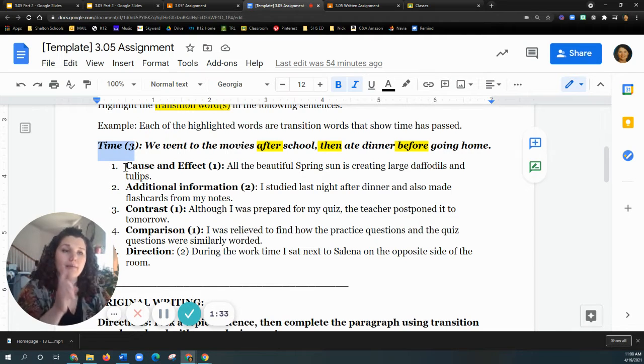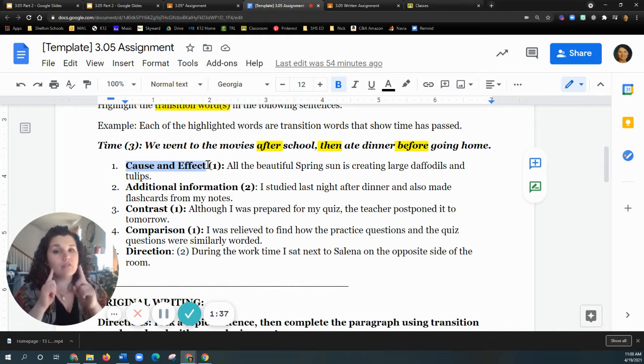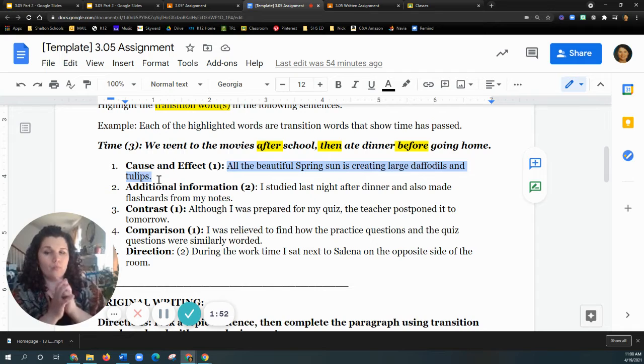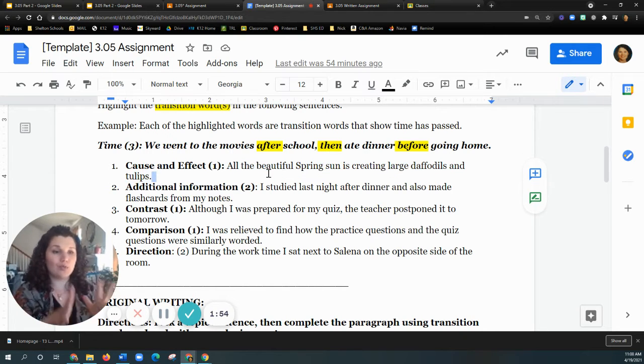Let's look at number 1. Number 1 is cause and effect. So you're looking for the word that shows that there's a cause and effect relationship. Here's the sentence. All the beautiful spring sun is creating large daffodils and tulips. So we need to figure out what is the cause and then what's the effect.